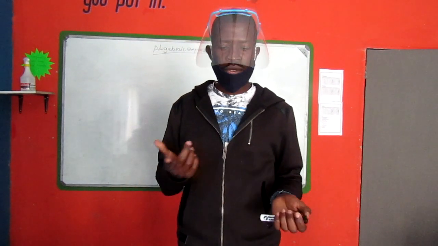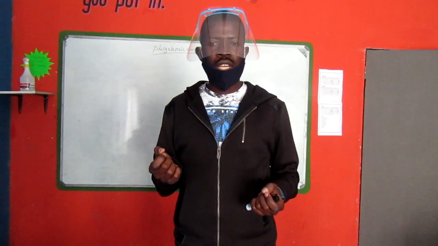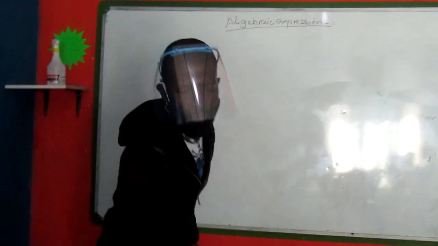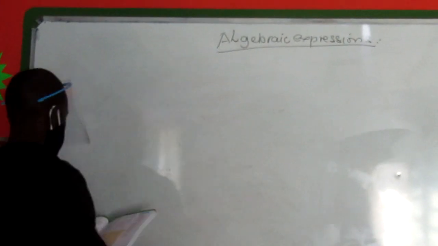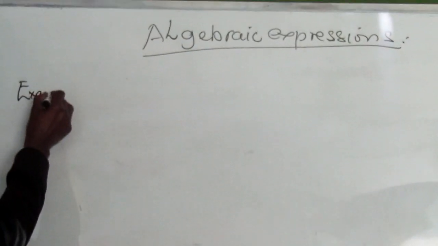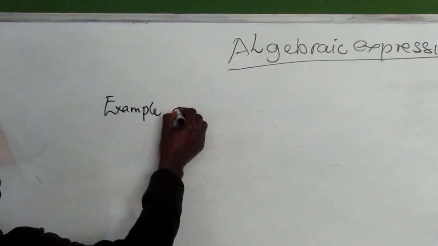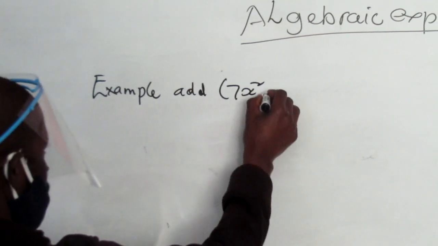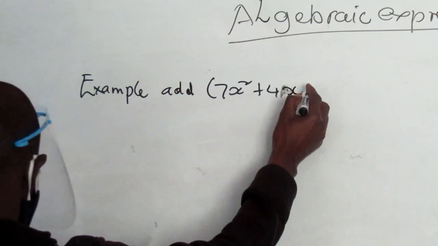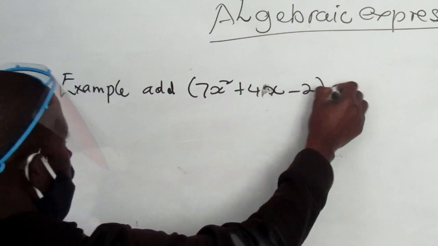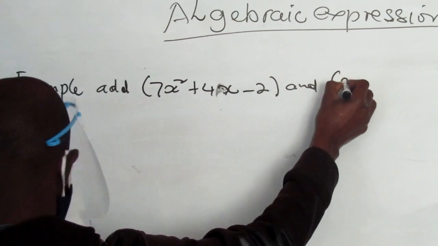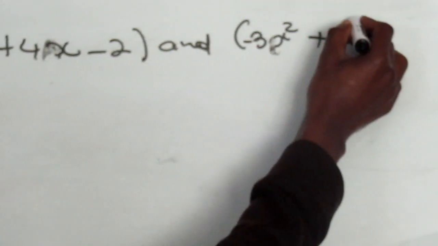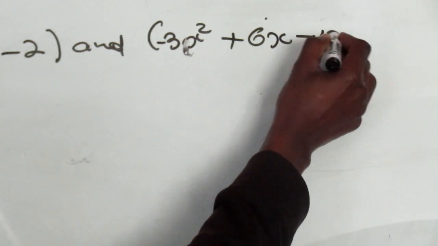So when we talk about adding or subtracting expressions, we are looking at, for example, if we have to add 7x squared plus 4x minus 2 and open brackets negative 3x squared plus 6x minus 10.